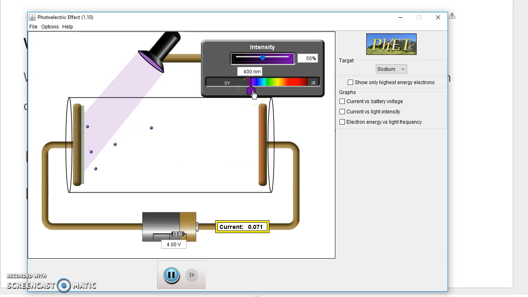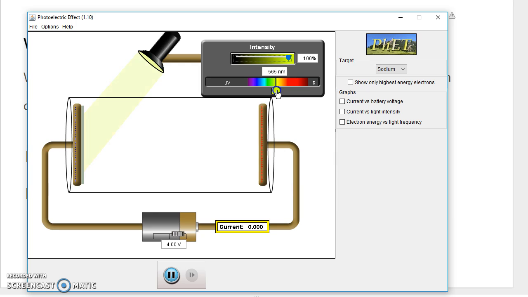Now, this seems very reasonable until they start messing with the color. And at some point, the color of light will stop that. Now, most scientists thought that it was the intensity of the light, how bright the light is. The brighter we shine the light, we should have more electrons jumping.